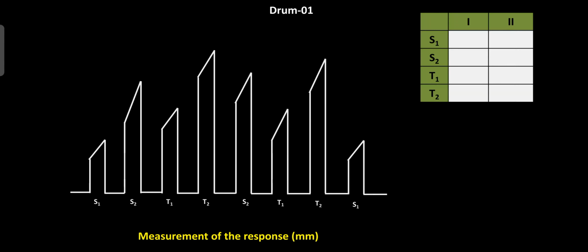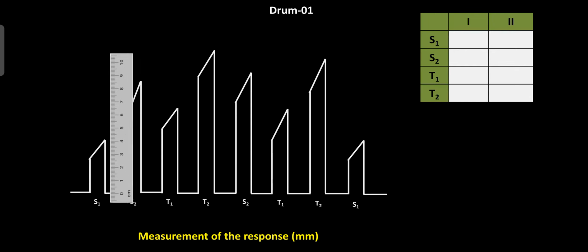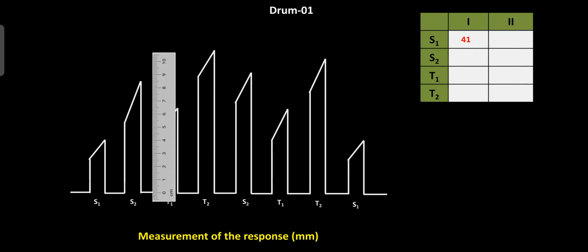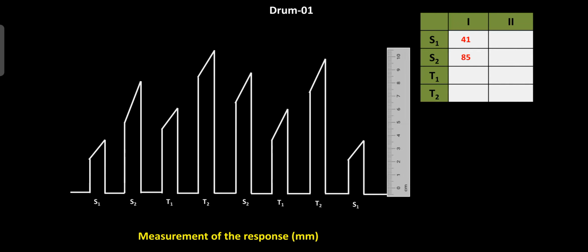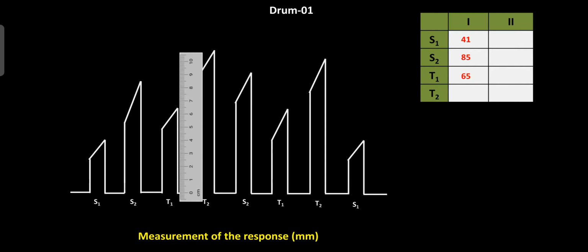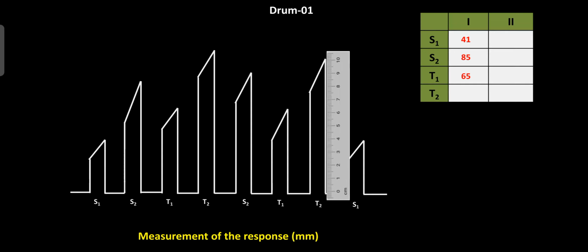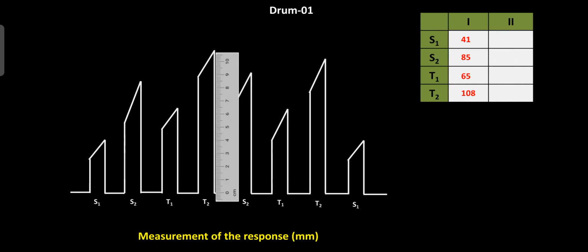For drum 1, the S1 response is 41 mm, then S2 response is 85 mm, then T1 response is 65 mm, then T2 response is 108. This is the responses of set 1 according to the Latin square.